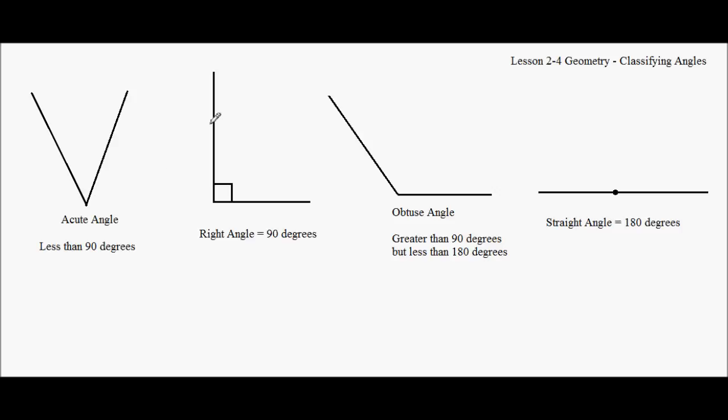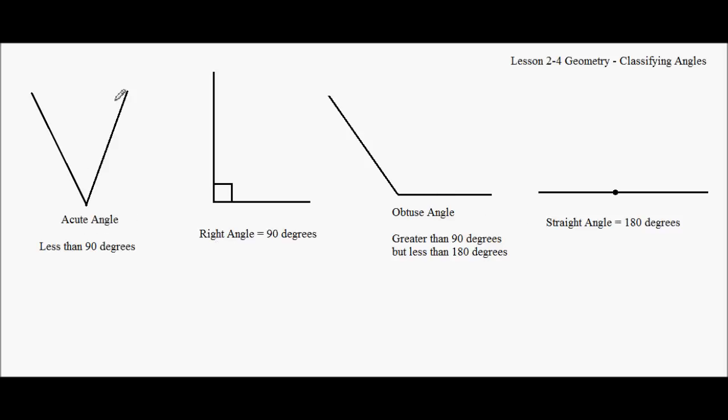We have right angles, which are equal to 90 degrees. Obtuse angles, which are greater than 90 degrees and less than 180 degrees. And then we have the straight angle, which is a straight line, which is 180 degrees. So we have straight angles, obtuse angles, right angles, and acute angles.